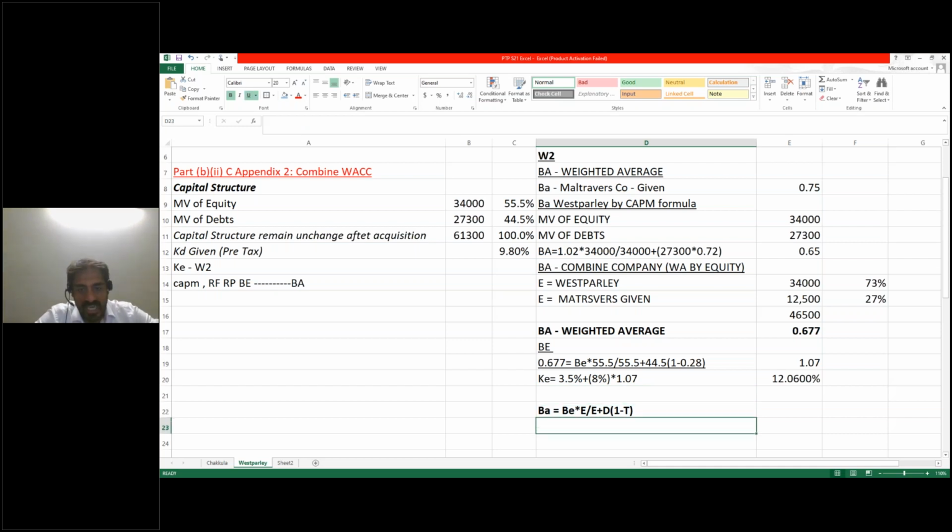Even Ke is equal to RF plus RP into beta equity, you don't need to mention it, because these formulas are already on the formula sheet.